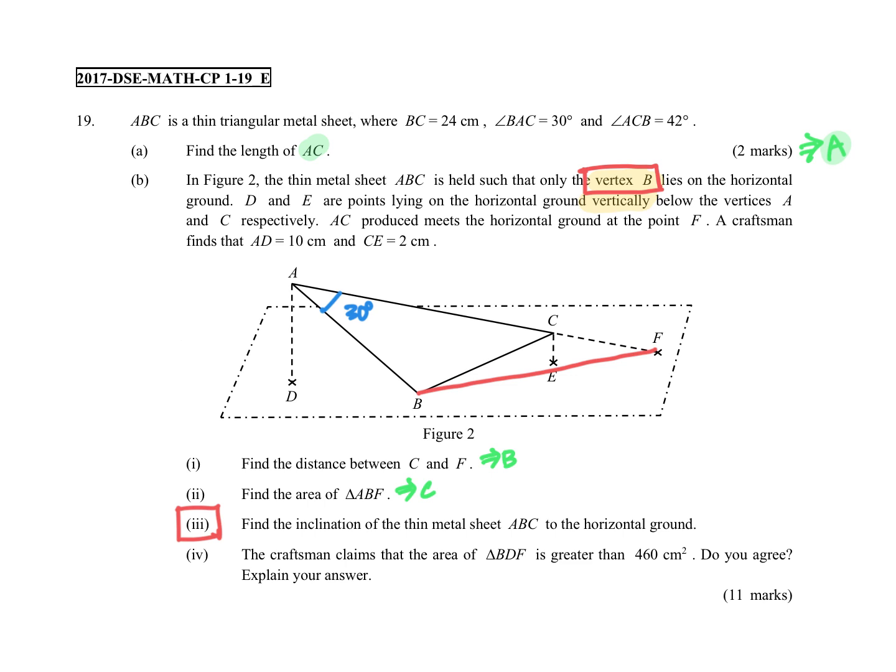But here, if we try to extend the plane ABC to the plane ABF, the two planes will have the same inclination because I just extend the triangular plane ABC.